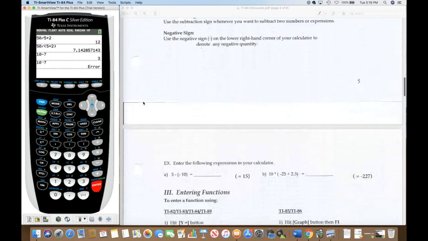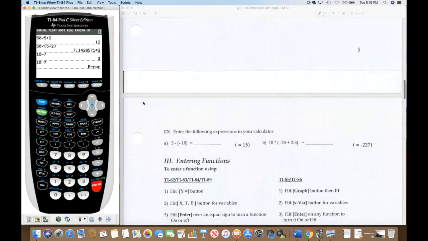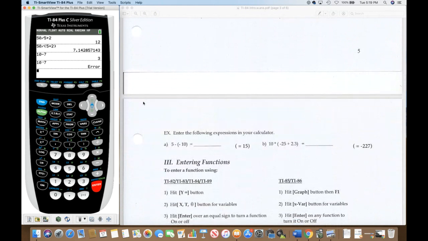So in this next example, I'm going to show you both subtraction and negative. Clear the screen. A is 5 subtract parentheses negative 10 close parentheses. The parentheses make it clearer to the calculator.